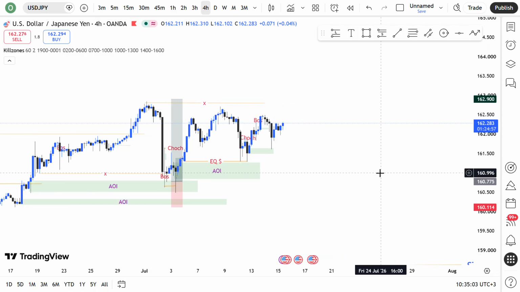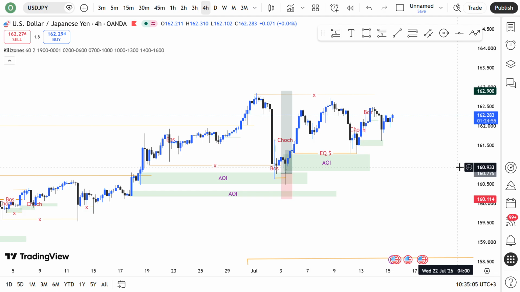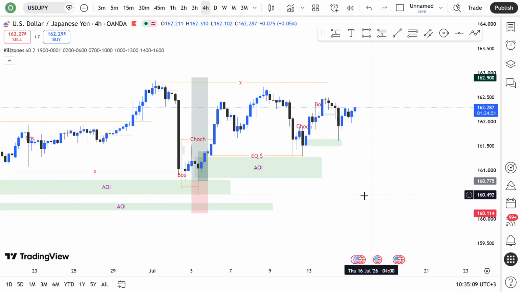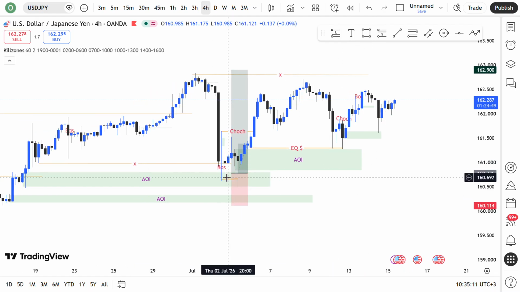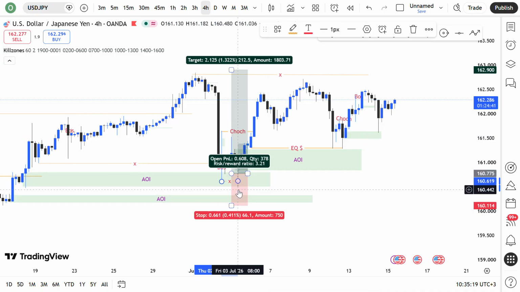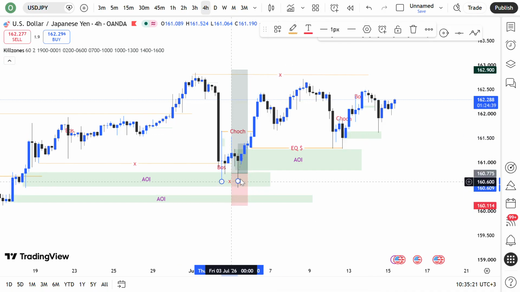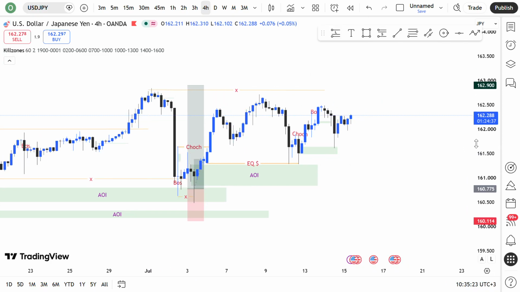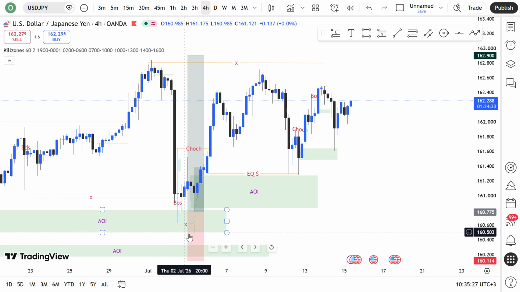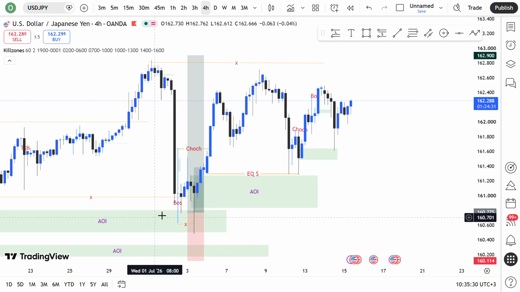We can clearly shift into a lower time frame and wait for a market structure shift. Now we are going to see that the market has swept this liquidity. We are going to wait for the market to sweep out this liquidity before executing our trades. We can see the market again came here after mitigating this order block from a higher time frame.